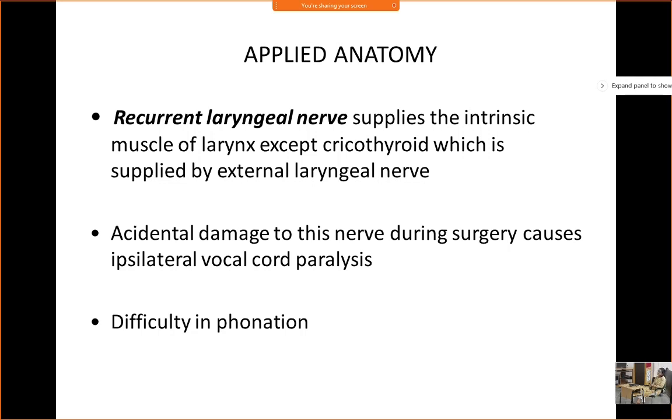This recurrent laryngeal nerve supplies the intrinsic muscles of the larynx, except the cricothyroid, which is supplied by the external laryngeal nerve. So any accidental damage to this recurrent laryngeal nerve during surgery can cause ipsilateral vocal cord paralysis, and it can even cause difficulty in phonation. The person won't be able to produce sound on talking.